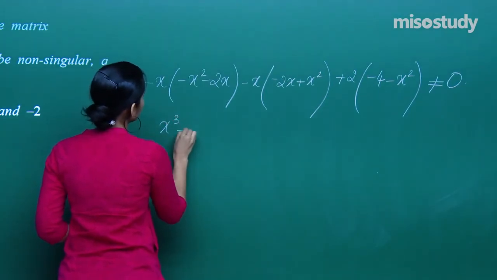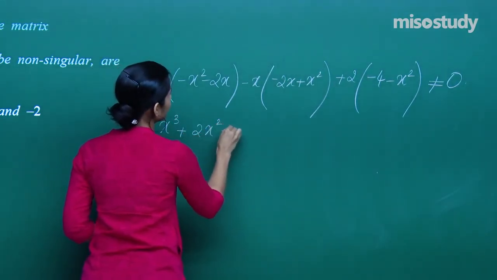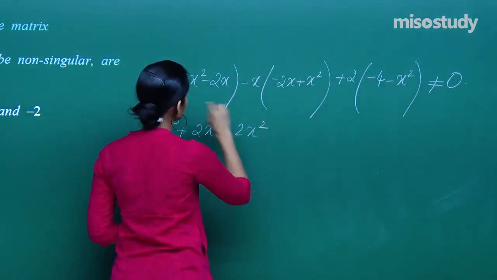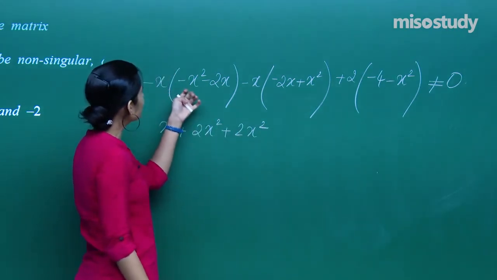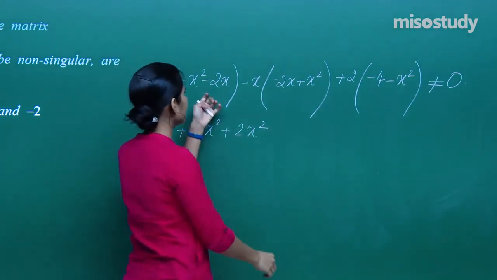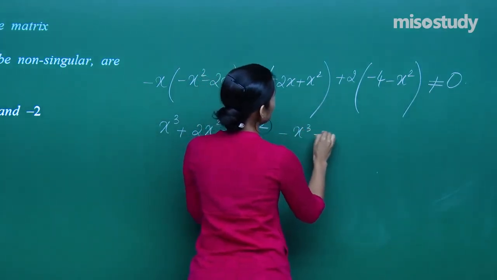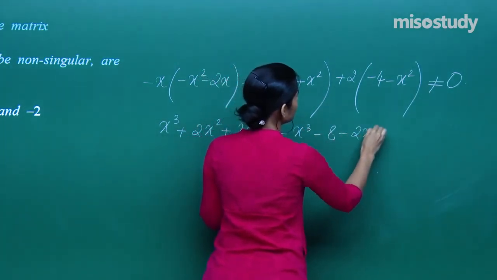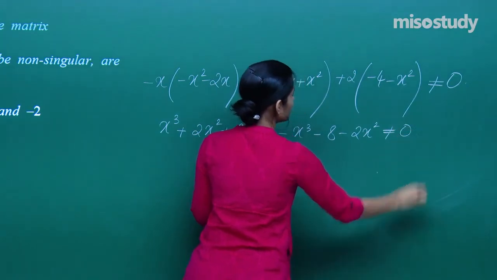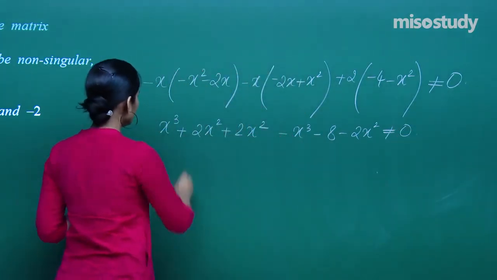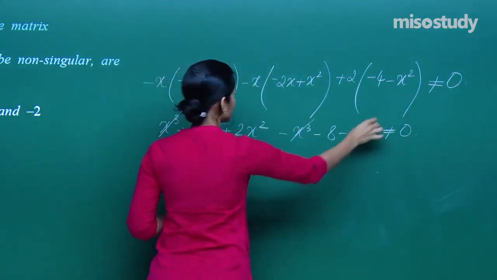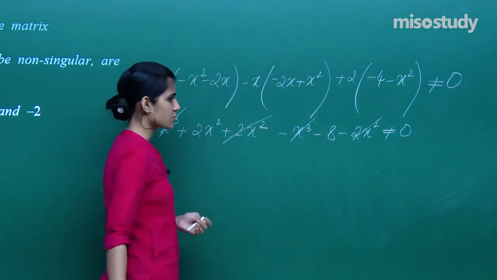So you have x cube plus 2x square plus 2x square. This is x cube plus 2x square, again plus 2x square minus x cube minus 8 minus 2x square is not equal to 0. You can see plus x cube minus x cube, plus 2x square minus 2x square plus 2x square.